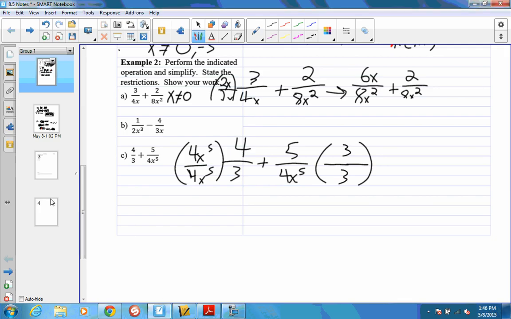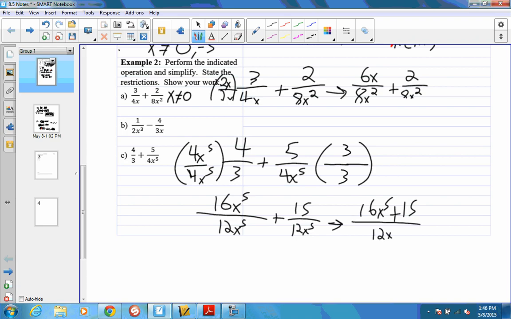So this leaves me with, first off, 4 times 4 is 16x to the 5th over 12x to the 5th plus 15 over 12x to the 5th. Good. So then we get 16x to the 5th plus 15, that's a plus, over 12x to the 5th.